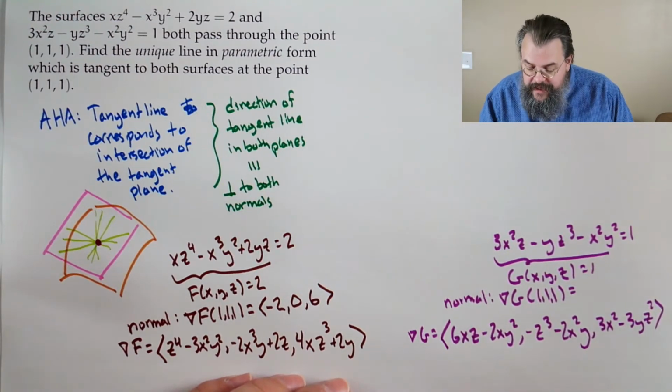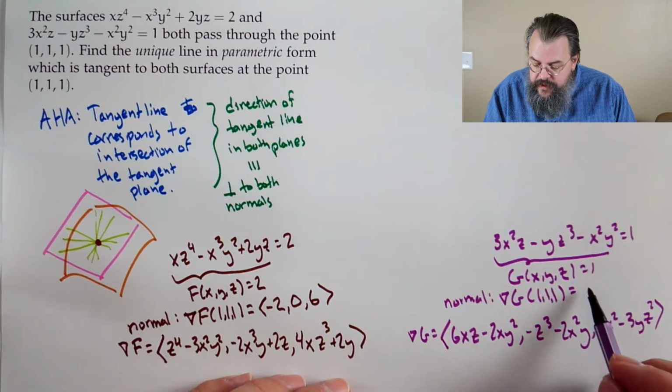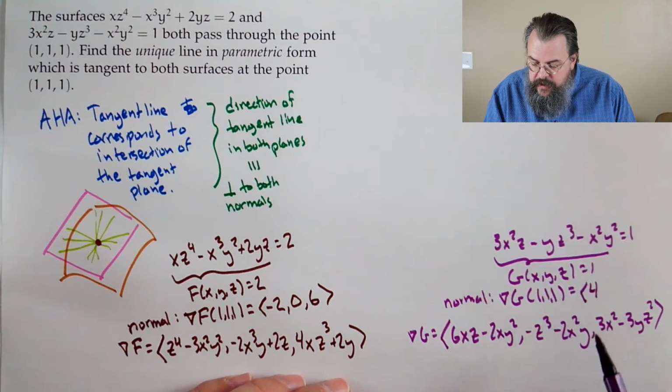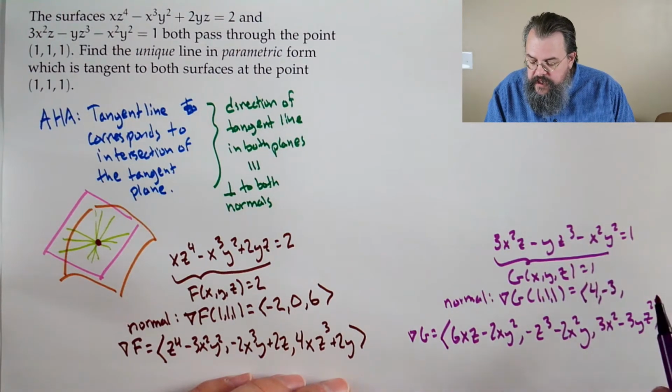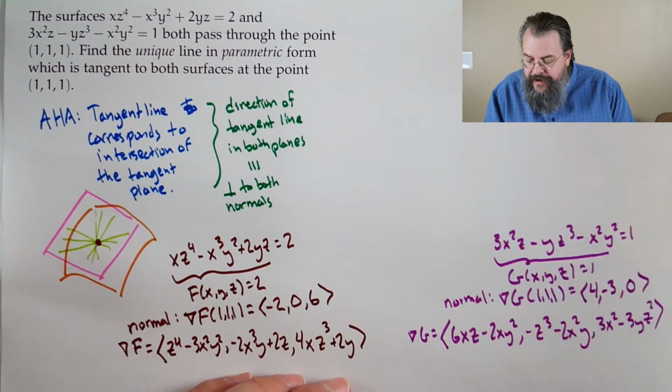Plug in 1, 1, 1 again: 6 minus 2, that makes 4; minus 1 minus 2, minus 3; 3 minus 3, 0.